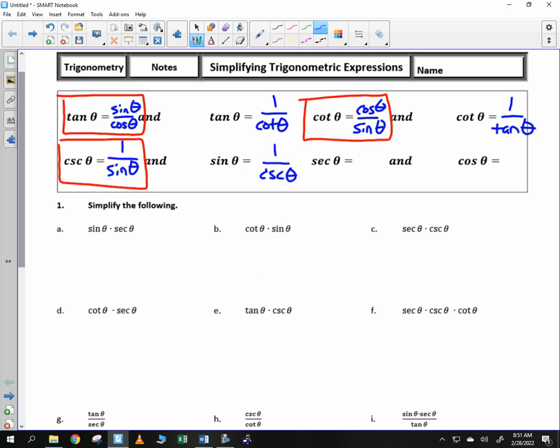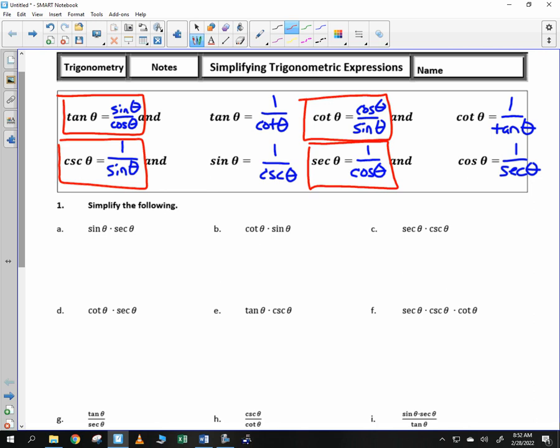And finally, secant is 1 over cosine of theta, so cosine is 1 over secant. They are reciprocals. Although both are true, this one is the most important one that you'll be using.